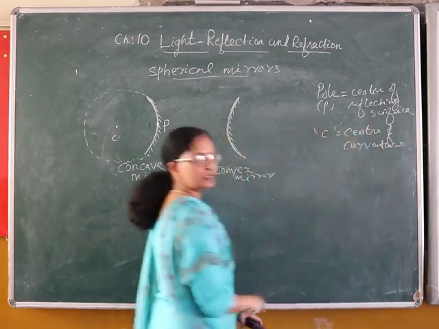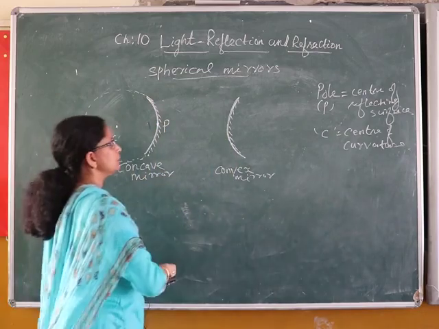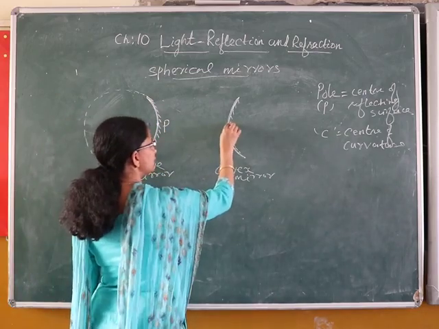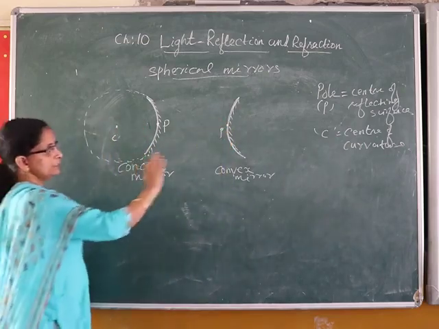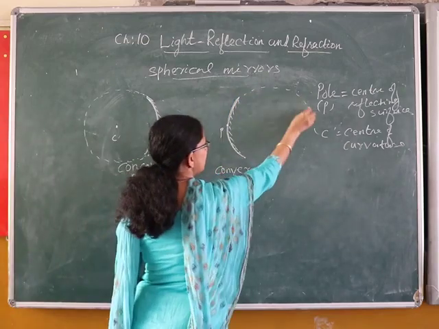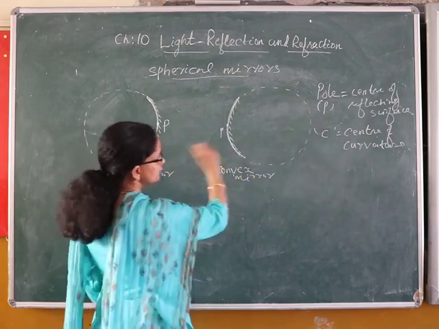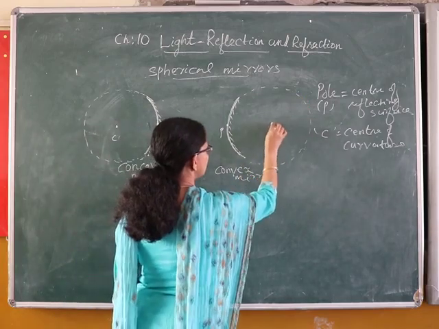The pole P is there on both types of mirrors, convex as well as concave. The convex mirror is also a part of a spherical surface, so there will be a center of curvature there too.